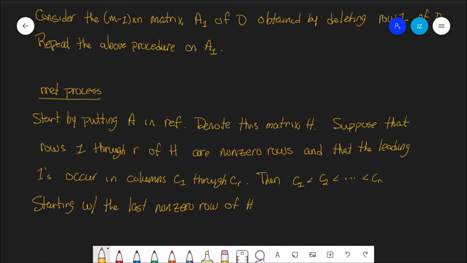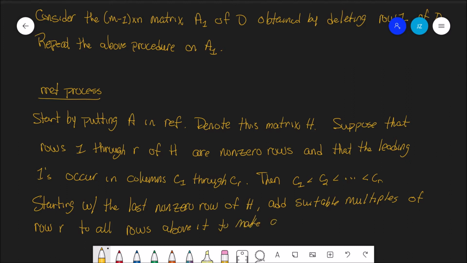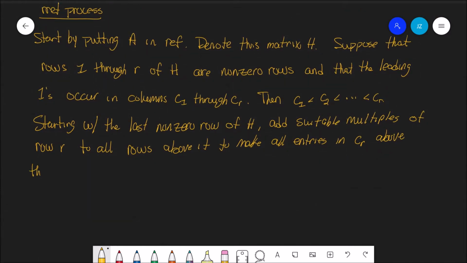So we're starting with row R. We will add suitable multiples of row R to all rows above it to make all the entries in the column CR above this leading one zero.